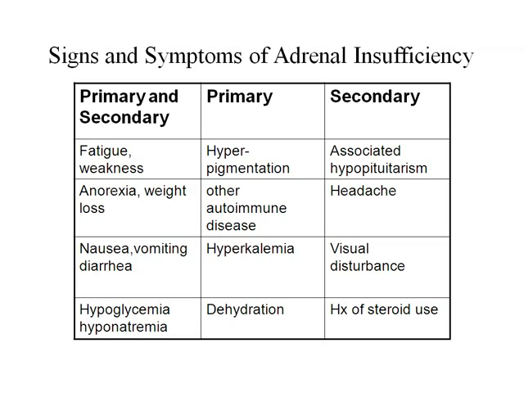Both the symptoms and signs are quite comparable in both primary and secondary: fatigue and weakness, anorexia and weight loss, nausea and vomiting, hypoglycemia, as in our case, and hyponatremia. So there are many symptoms and signs which are shared by primary and secondary, but if you're a student, you don't even have to do any laboratory tests. You can see all of these various clinical findings distinguish one from the other.